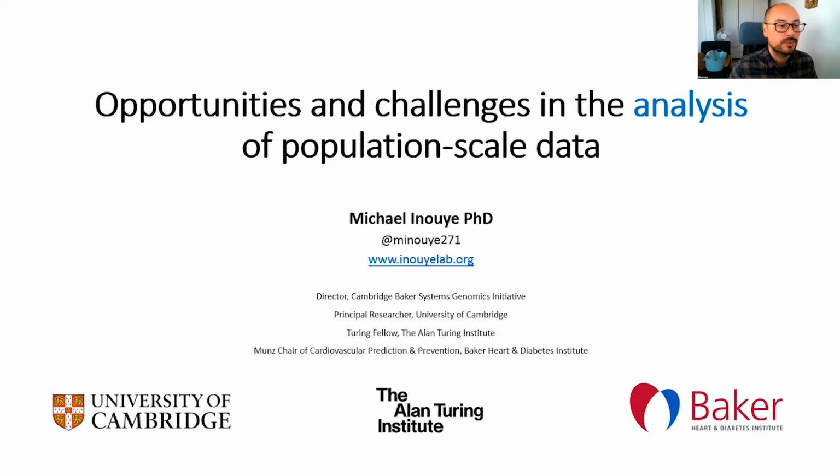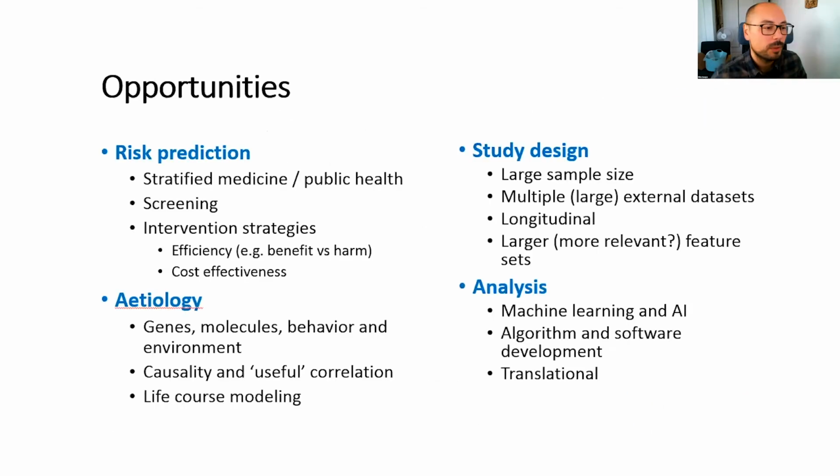Next slide. Many of you are probably familiar with some of the opportunities inherent in population scale data through our lifetimes. These are not surprises, but just to cover a few selected ones.